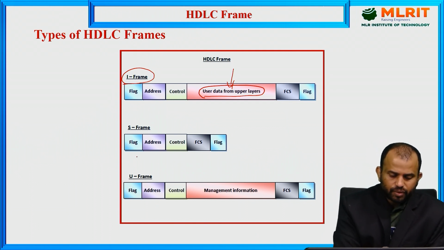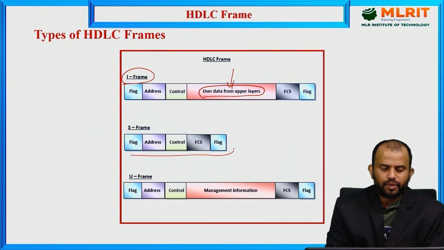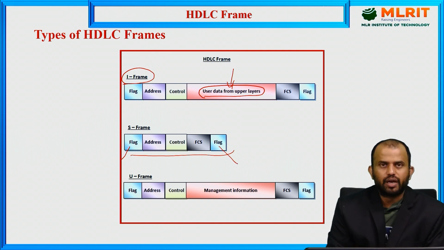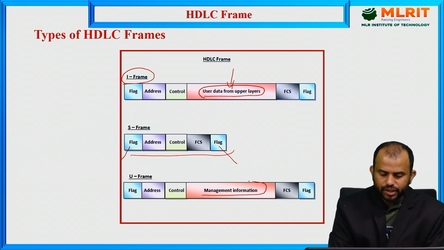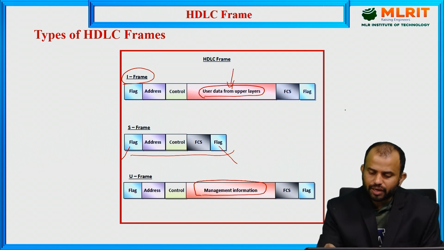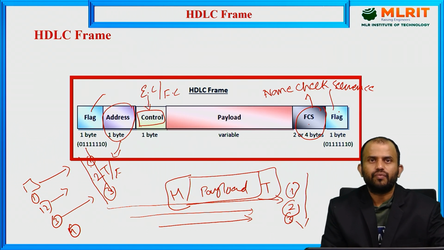In the S frame, by default the upper information is stored in this frame structure, and in the end layer we insert the flag bits. And similarly the U frame depends upon the management information. So the generalized HDLC frame has flag bits, address fields, control, payload, and frame check sequence.